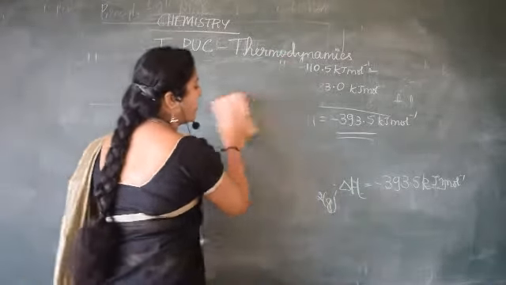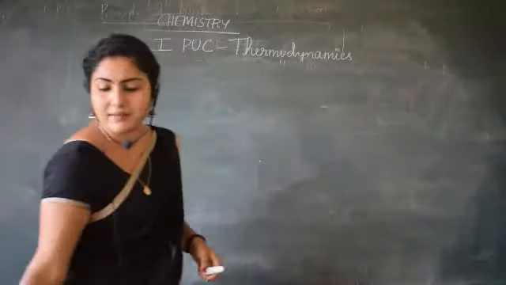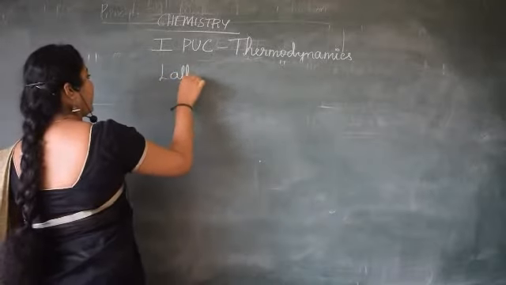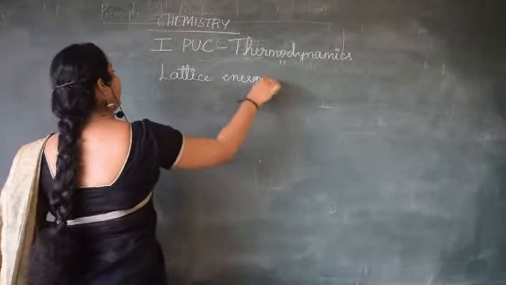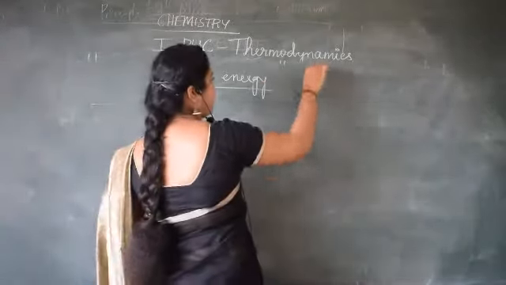The next thing we learn is about lattice energy. Lattice energy means the energy required. Now we have studied about sodium chloride crystals, all those, isn't it? So we generally call it a lattice.